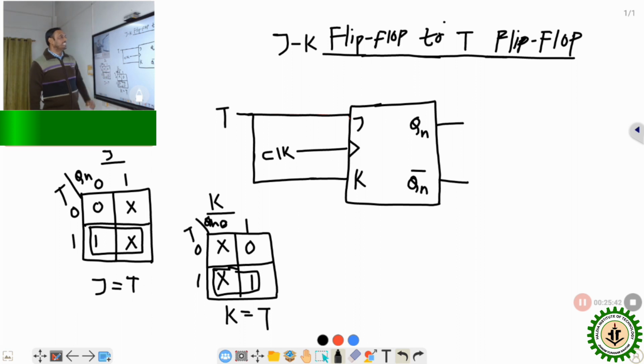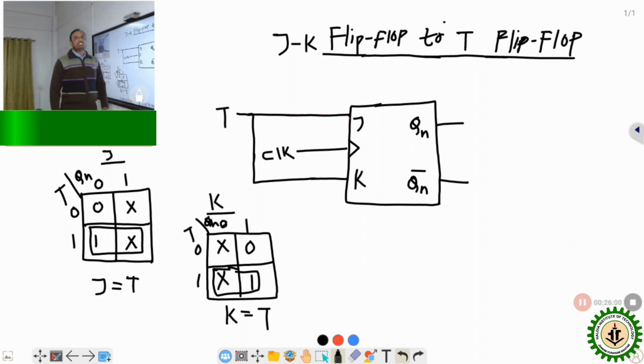Now with this process we can convert T flip-flop from JK flip-flop, and we know that when J and K both are shorted, then we can design the T flip-flop. Now this is the process by which we can convert T flip-flop from JK flip-flop.